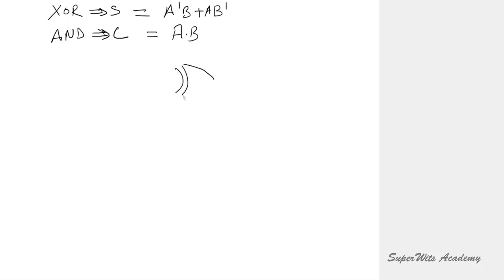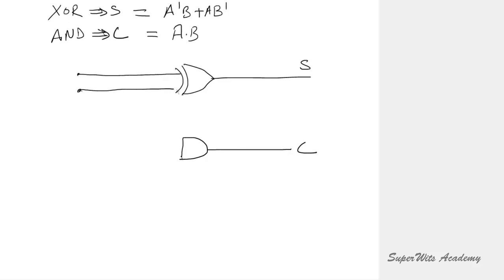So the circuit is: we have a XOR gate which is producing S, and an AND gate which is producing C. We have 2 inputs A and B, which are given to the XOR, and the same set of inputs are given to the AND operation, right?